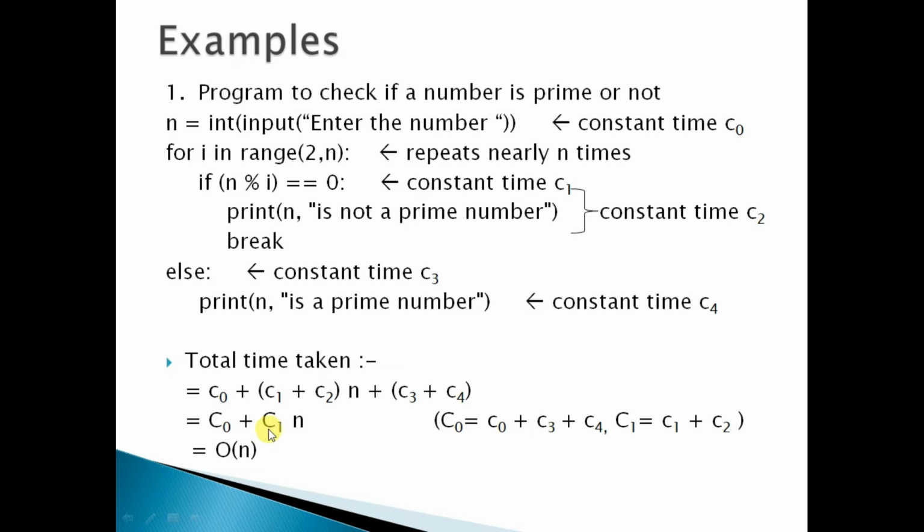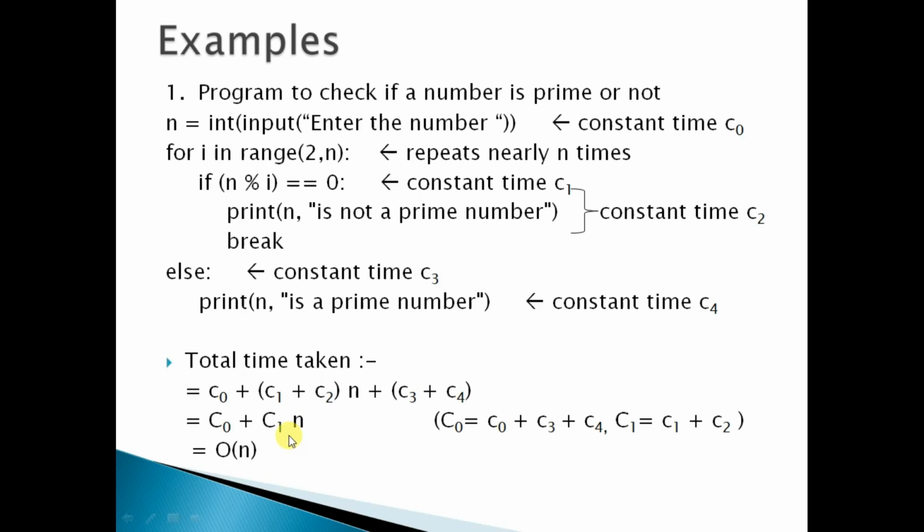So the time complexity is equal to C0 plus C1n, and I have told you that we take the most dominant term for the algorithm's performance. This is an expression determining the time complexity of the algorithm. The most dominant term in this is C1n.